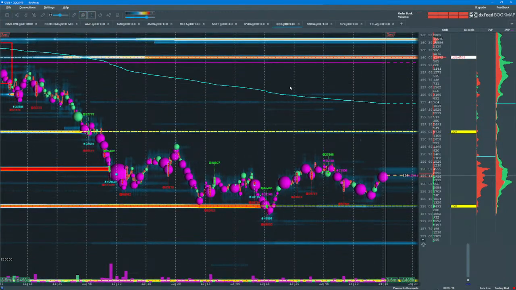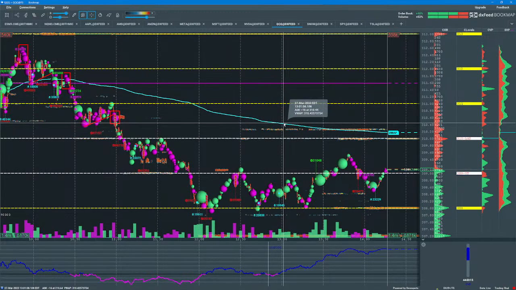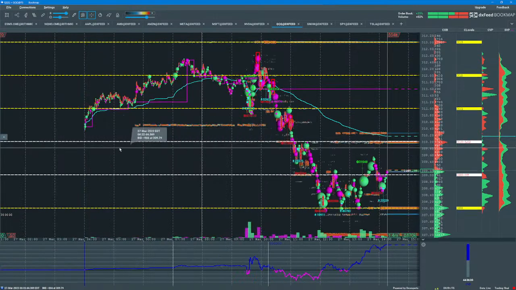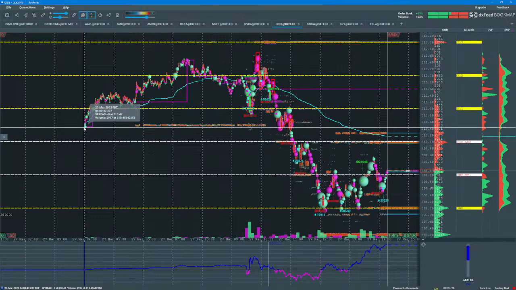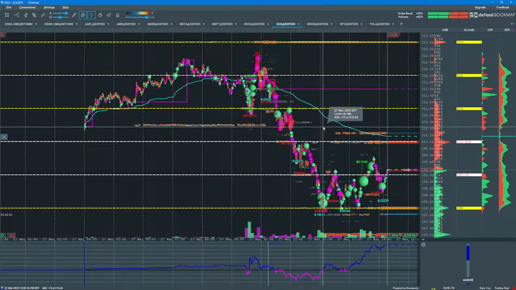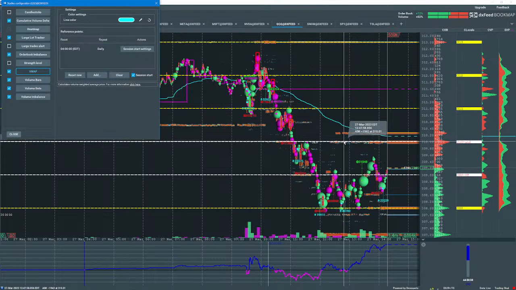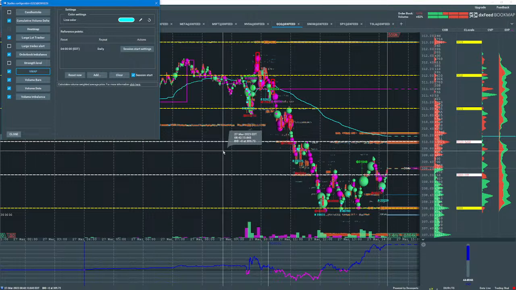All right, so let's go to QQQ. First of all, I have data that starts at 4 a.m. So when I start up Bookmap in the morning, I make sure that I have all available data for the day. Then let's take a look at VWAP settings. I'm just right-clicking on VWAP, and this is all I have. So my start is at 4 a.m. Eastern Time.